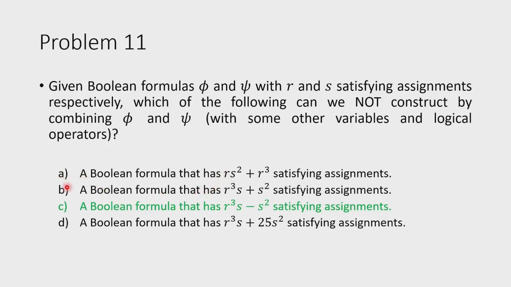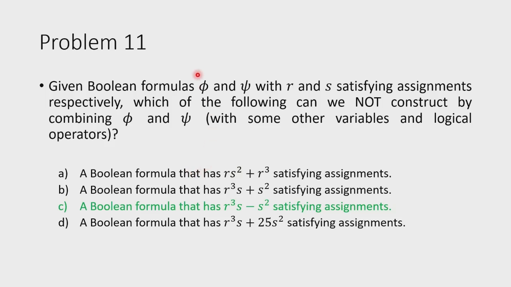Let me show you why options A, B, and D are correct, using just one of these, option B. The arguments for option A and D are similar. So we want to construct a Boolean formula with r cube s plus s square satisfying assignments. One way to do it is the following. Take phi, apply the product construction on it once to get a formula with r times r equals r square satisfying assignments.